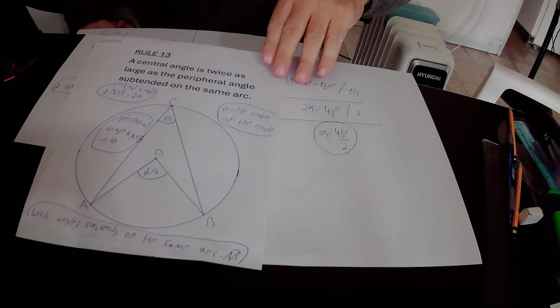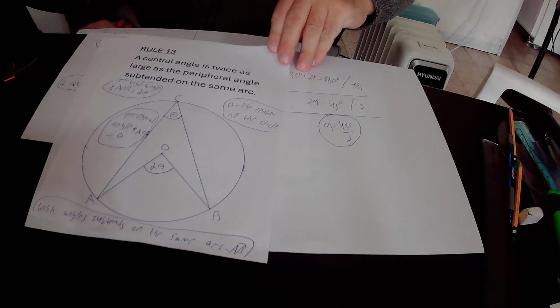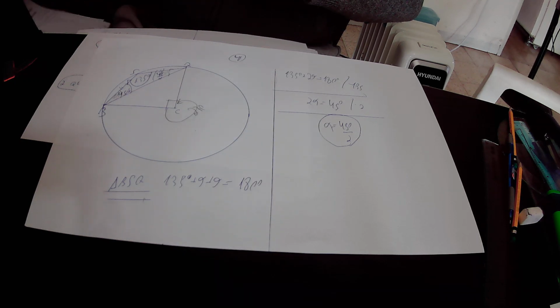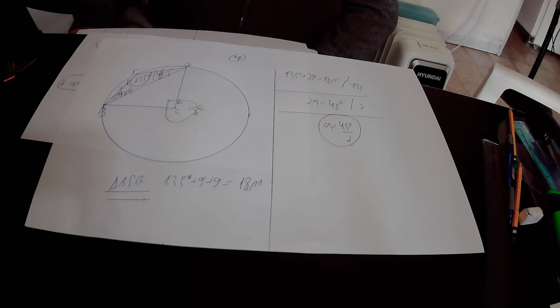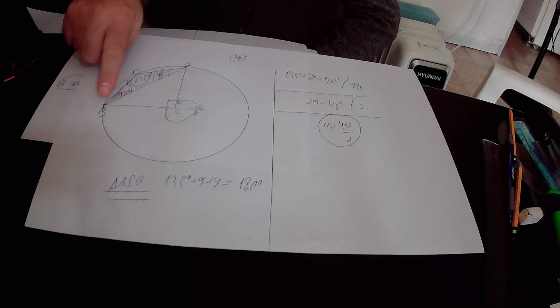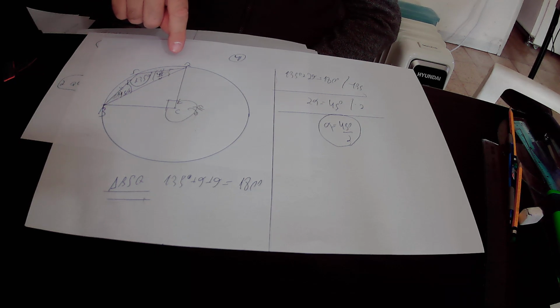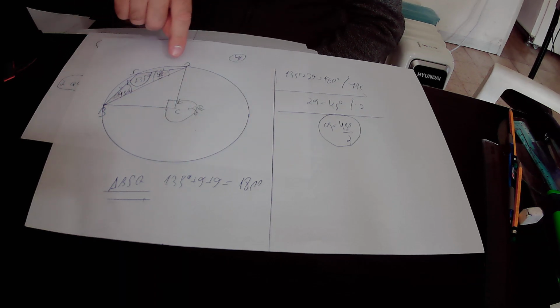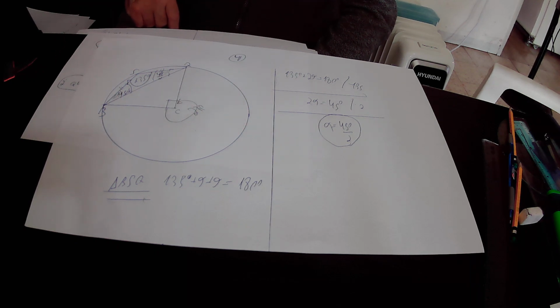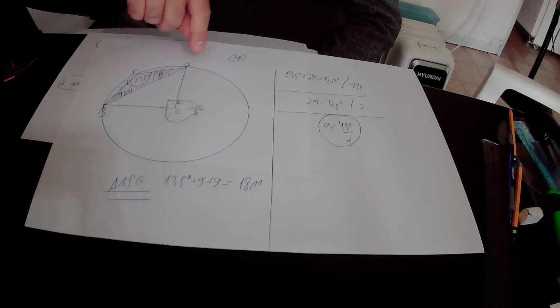So we can actually implement rule number 13 in our drawing. Why? Because in our drawing we have peripheral angle QSB. This peripheral angle QSB is subtended on arc QB. And we have the central angle QCB.